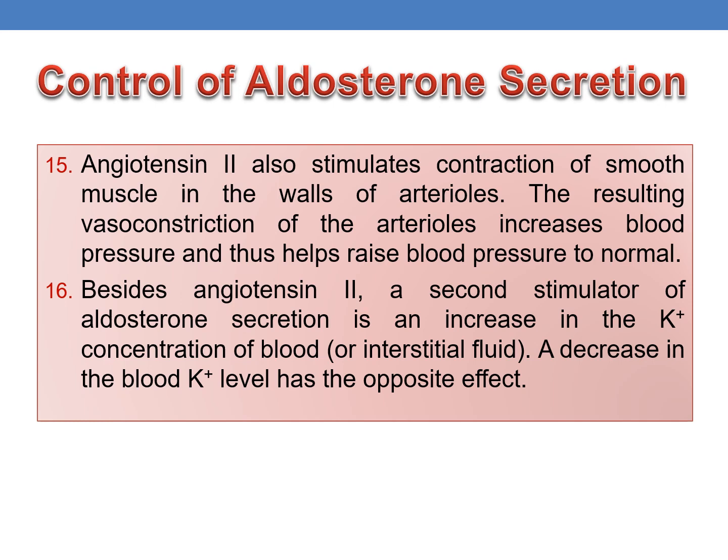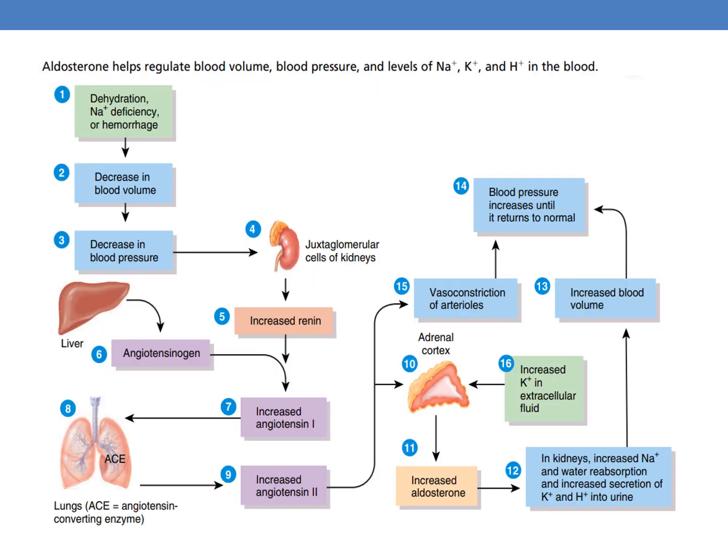A decrease in the blood potassium levels has an opposite effect. Increased blood potassium levels lead to aldosterone secretion, whereas decreased potassium levels will inhibit the secretion of aldosterone. So aldosterone helps regulate the blood volume, blood pressure, and the levels of sodium, potassium, and hydrogen in the blood.